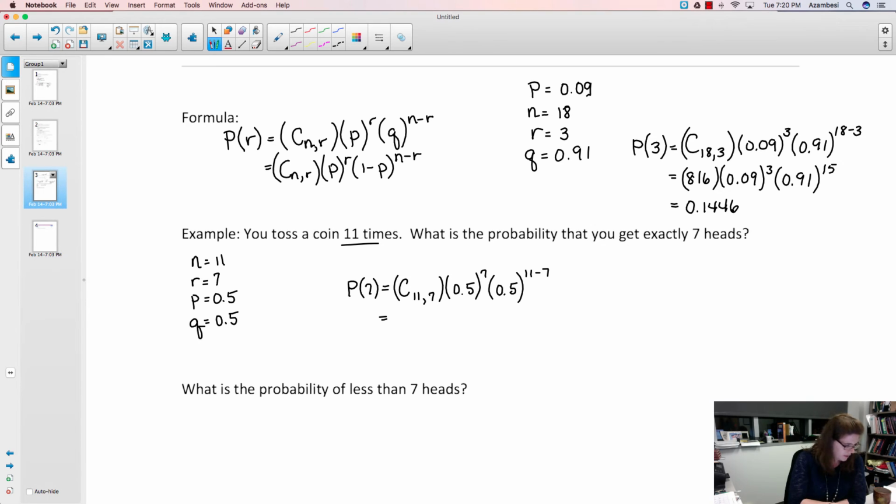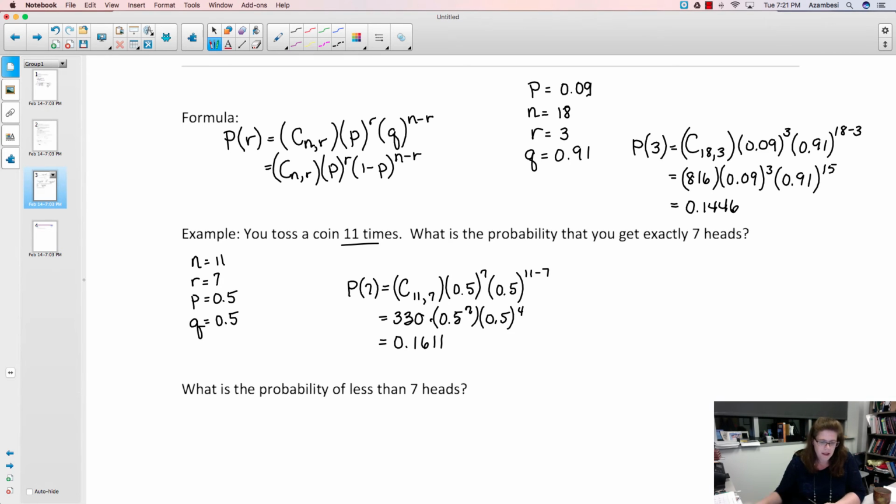The combination of 11 and 7 gives me 330, times 0.5 to the 7th, times 0.5 to the 4th, and plugging that into my calculator gives me 0.1611 to 4 decimal places.